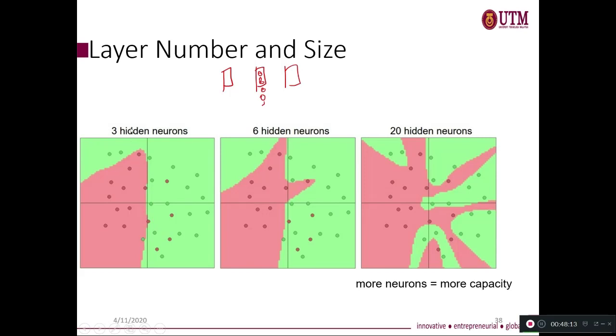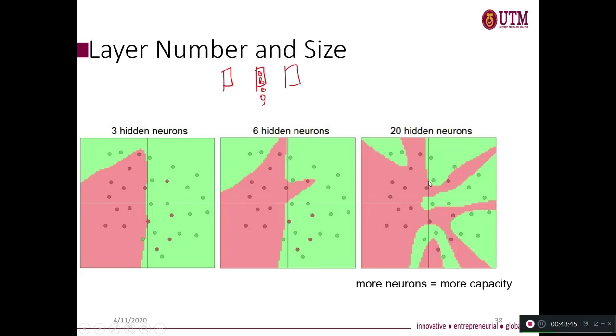By increasing the number of neurons, for example to 6, you can touch this one, meaning you manage to cover it, this should be a red here. Of course, if you increase it to 20, what will happen? Now it will be much better, meaning you can reach this point. Again, imagine if you increase more and more, what will happen?